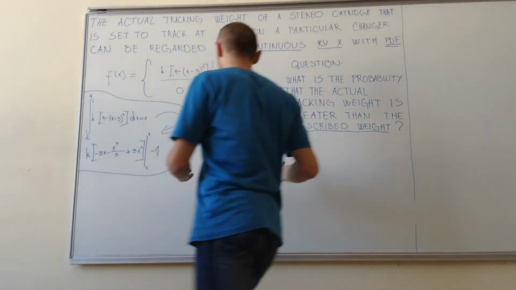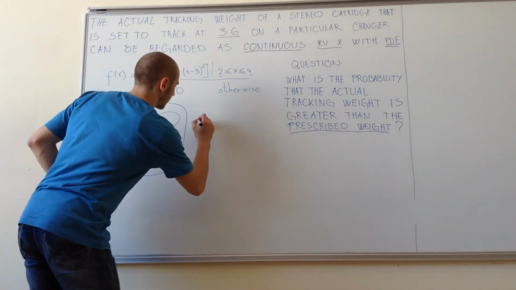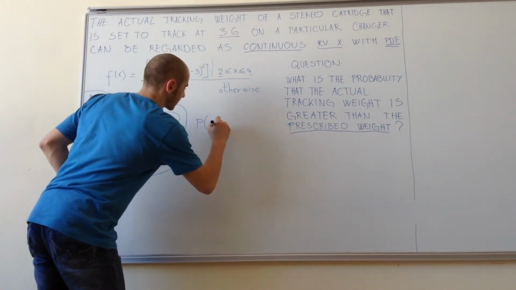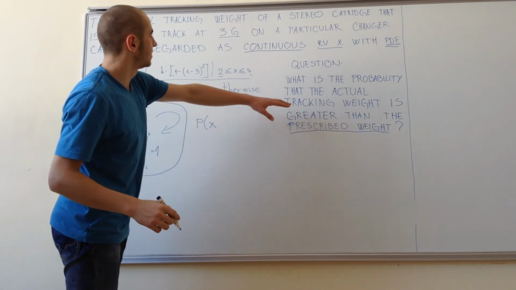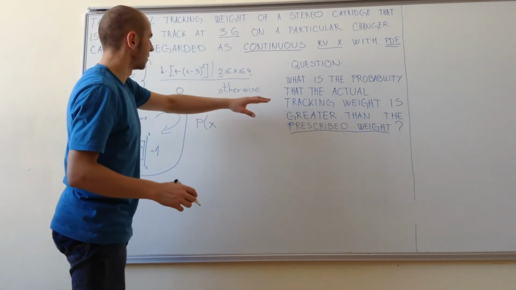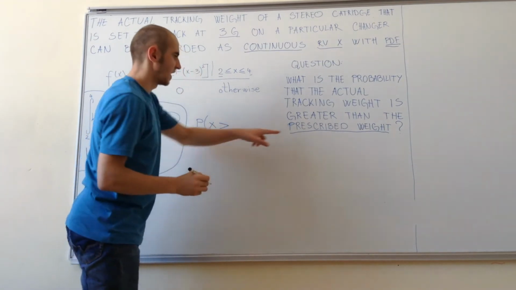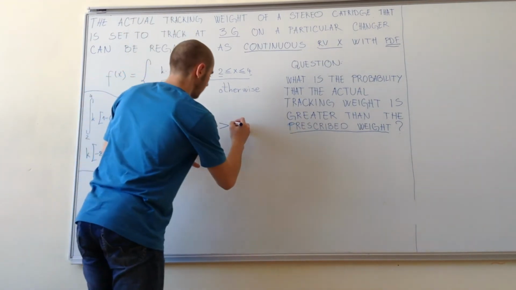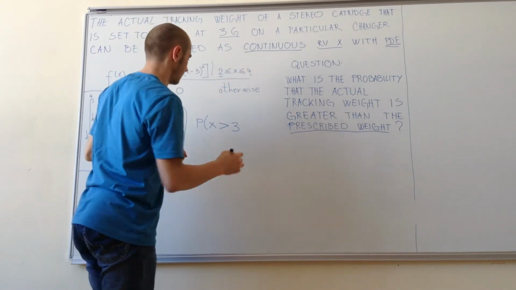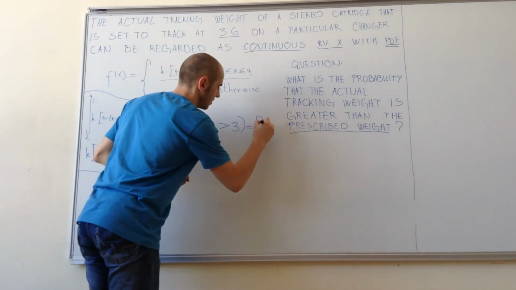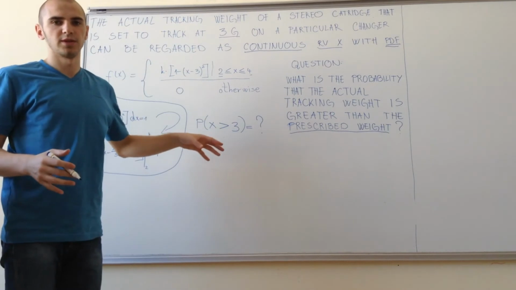So it means that we are actually looking for the probability that our x, which is the actual tracking weight, will be greater than the prescribed weight, which is 3, as we know from here. So now we are looking actually for this probability.